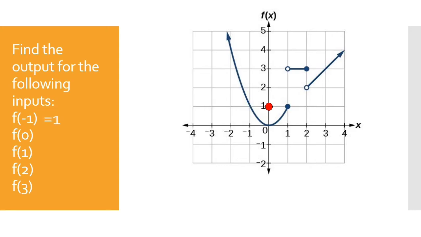So let's see how f of 0 looks. In order to get f of 0, we're going to go to 0 on the x-axis. As you can see, the output of 0 is 0. In order to find f of 1, we're going to go to 1 on the x-axis.